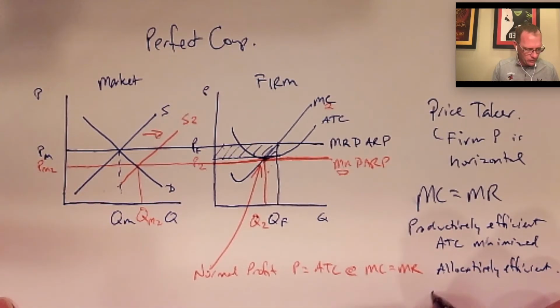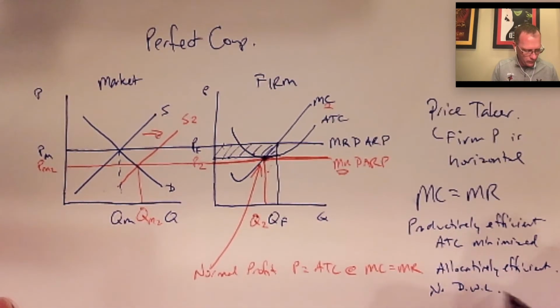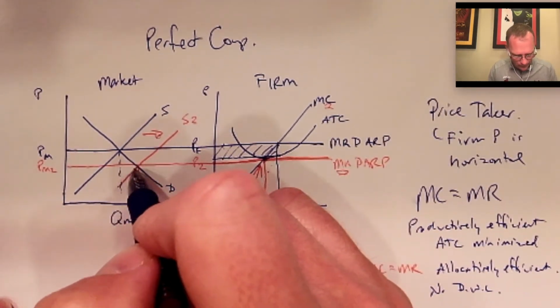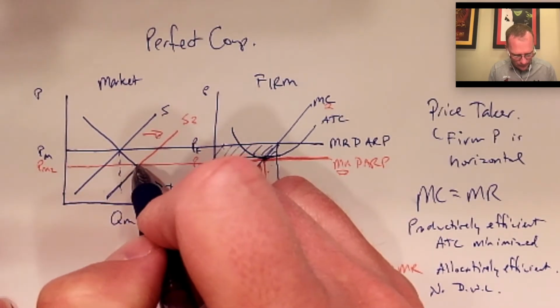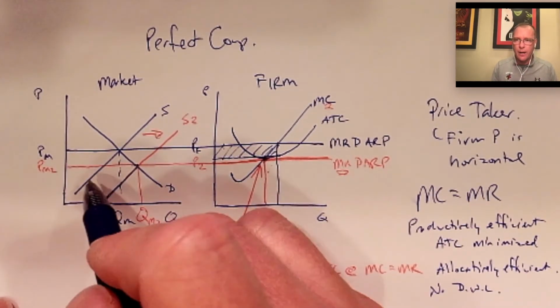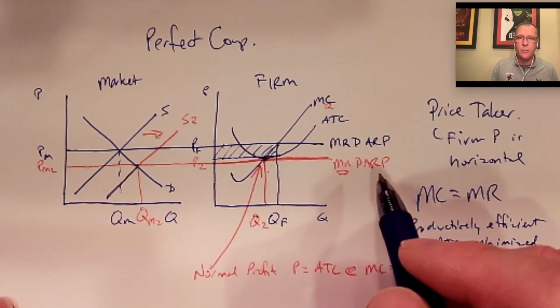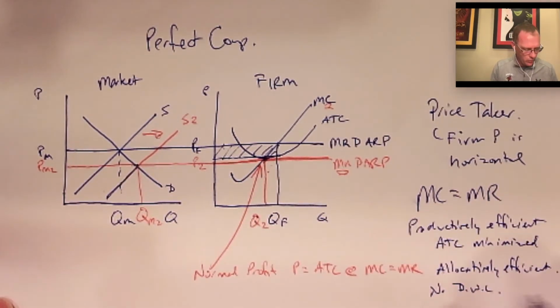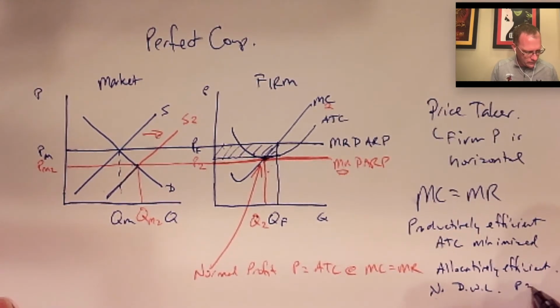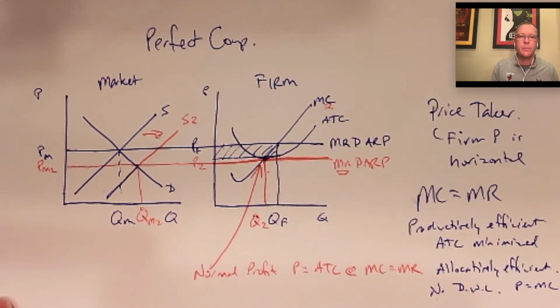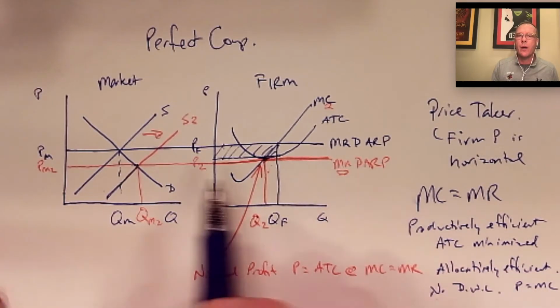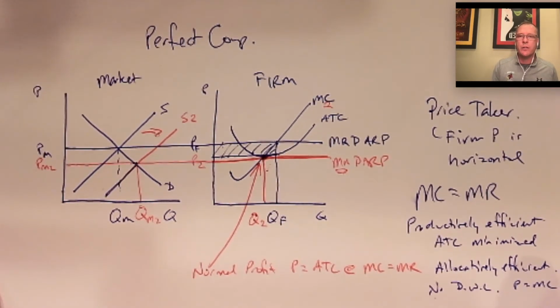One way is there's no deadweight loss. So when you look in the market here, we're coming out to supply and demand. There's no deadweight loss. Even here, there's no deadweight loss. You could also say it is where our price is equal to our marginal cost. So price equals marginal cost. That is perfect competition. There's the questions they could ask you.